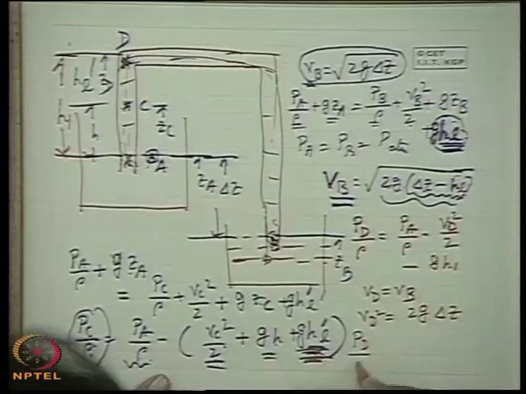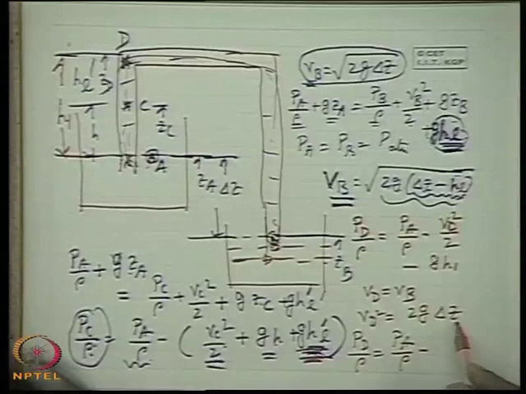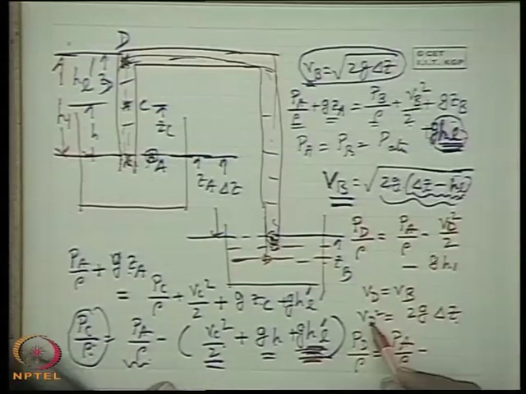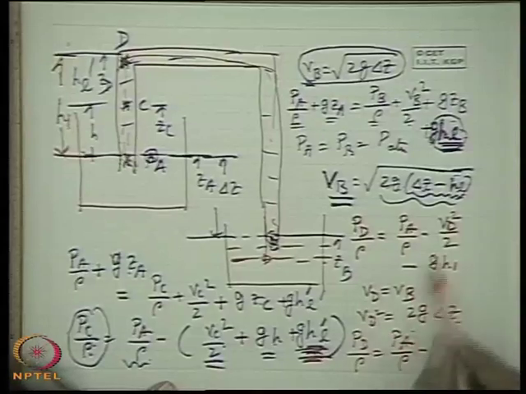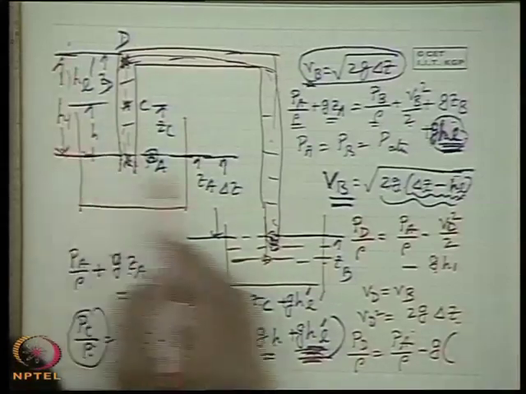So PD by rho is equal to PA by rho minus 2G delta Z by 2, that is, VD square by 2 is G delta Z, and PA by rho minus G delta Z minus G H1.